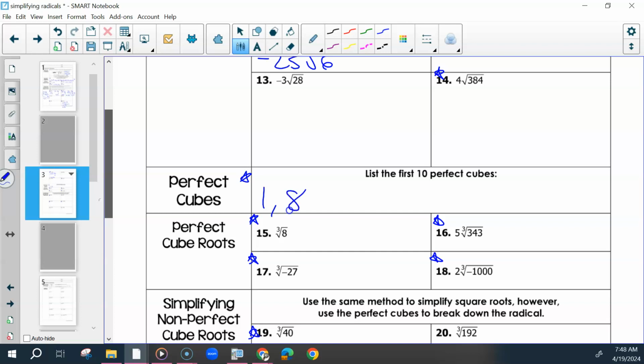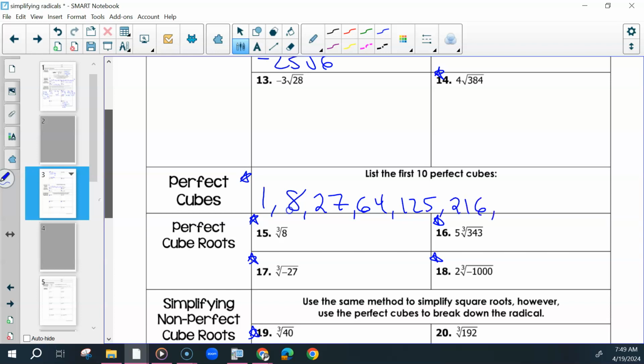Remember, it's whatever it is times itself 3 times. 3 cubed. Oh, I thought we were doing squares. 3 times 3 times 3, yes, 27. 4 cubed. 5 cubed is 125. It's 5 times 5 times 5. 6 cubed.